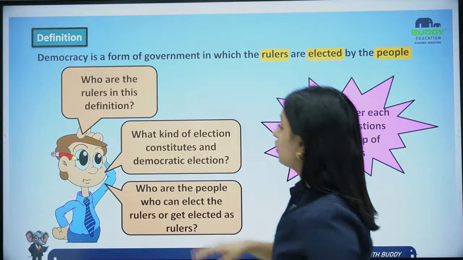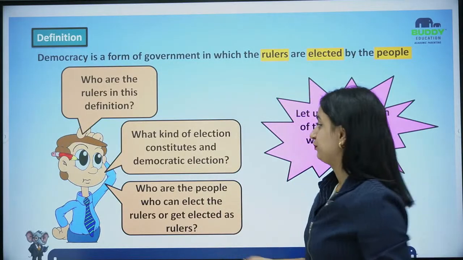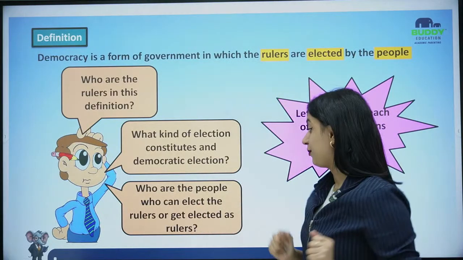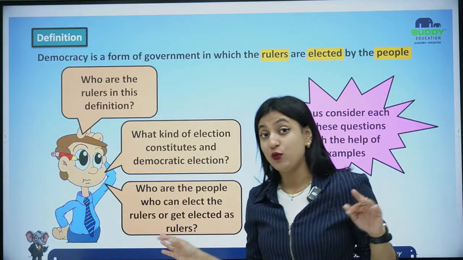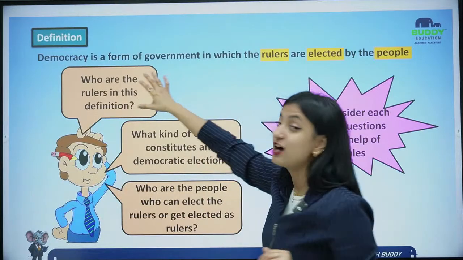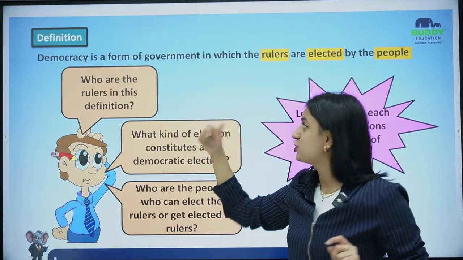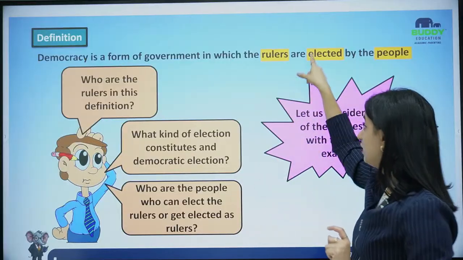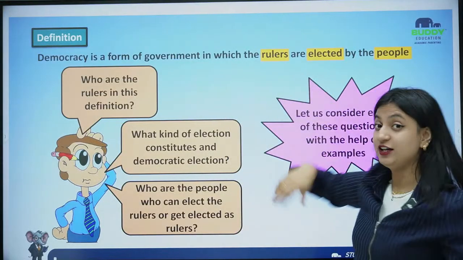So, what rulers are we talking about? What kind of elections are we talking about? And who are the people electing and choosing this leader? These are the three questions that come from this definition: democracy is a form of government where rulers, what rulers, are elected, by which people.